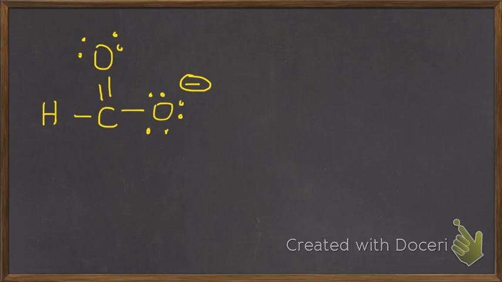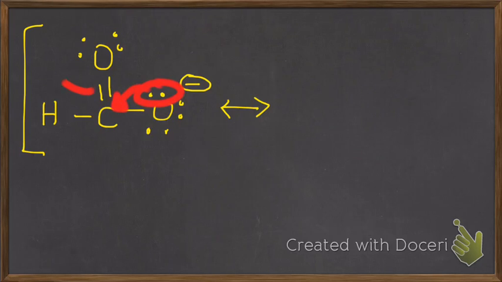However, there's another possibility. We would want to do this as a resonance structure. That possibility is where, let's suppose, we convert two of the electrons here to a double bond, and we break one of these bonds to make it a single bond.